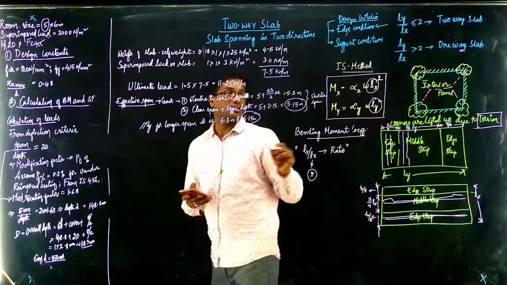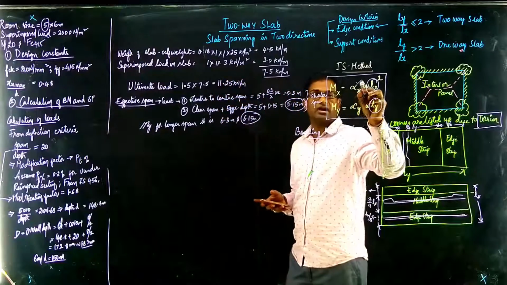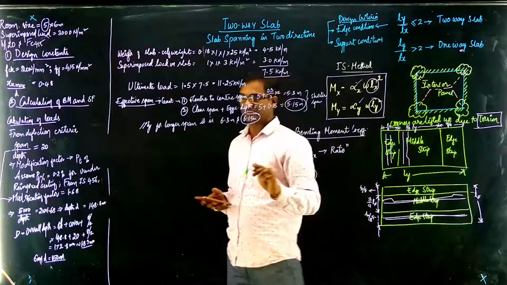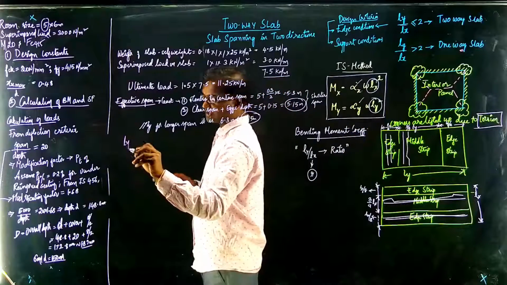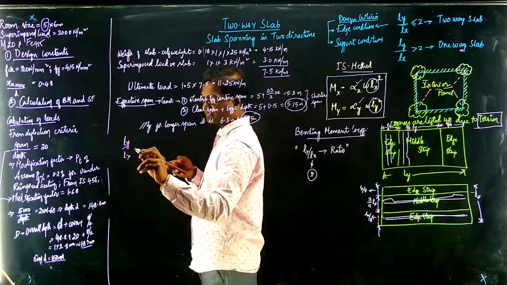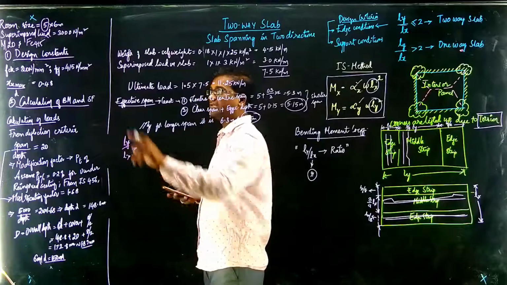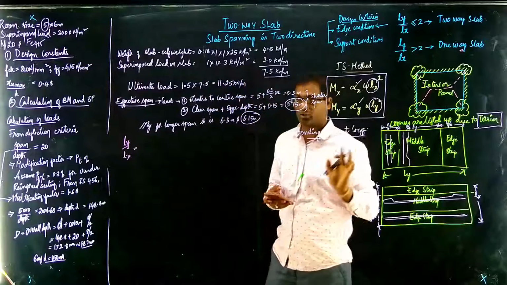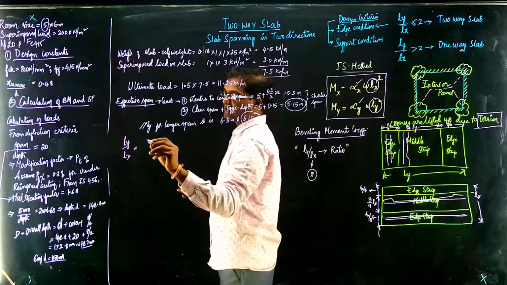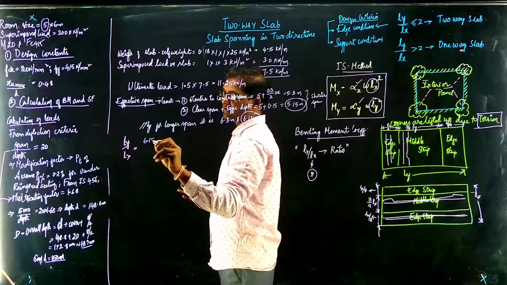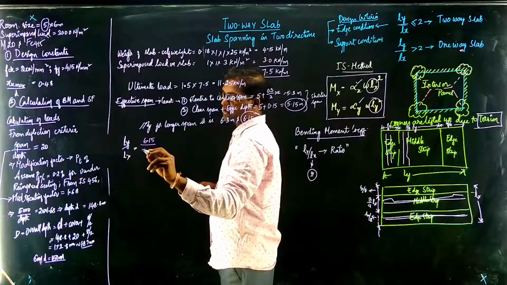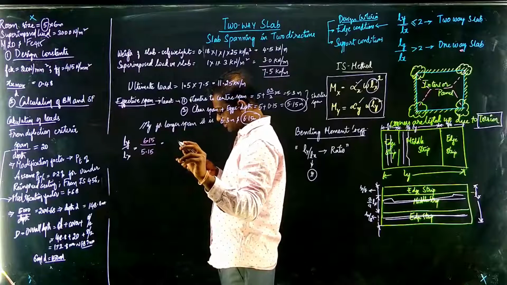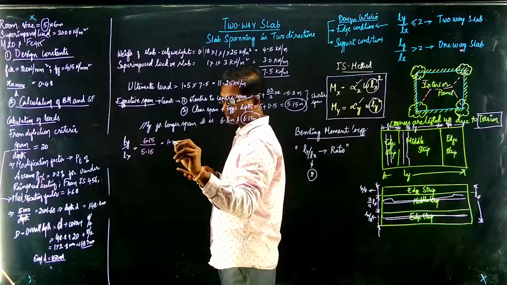Right, and in order to calculate moments, you need to calculate alpha x and alpha y, which depend upon the Ly by Lx ratio. Now for this Ly by Lx, you no longer take 5, you have to take the effective spans only. Effective span in the longer direction is 6.15, and in the shorter direction it is 5.15, and this ratio will give you 1.2.